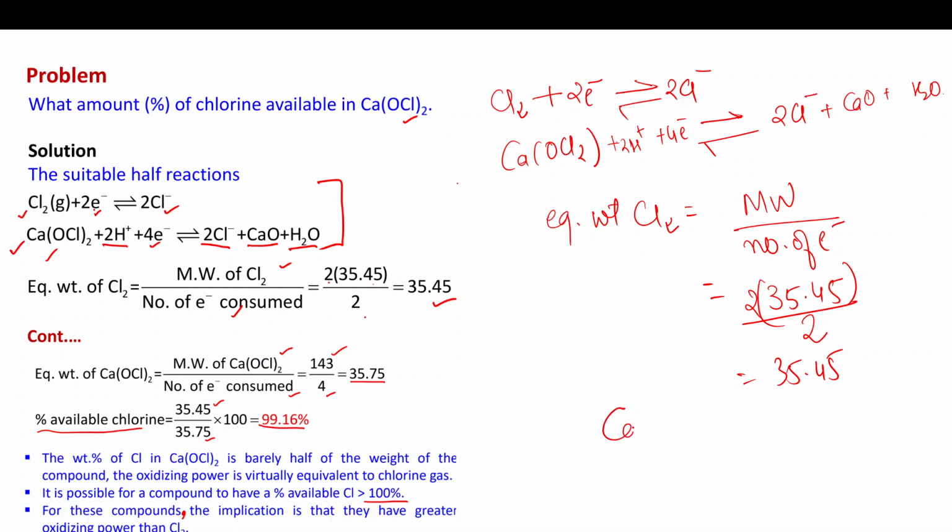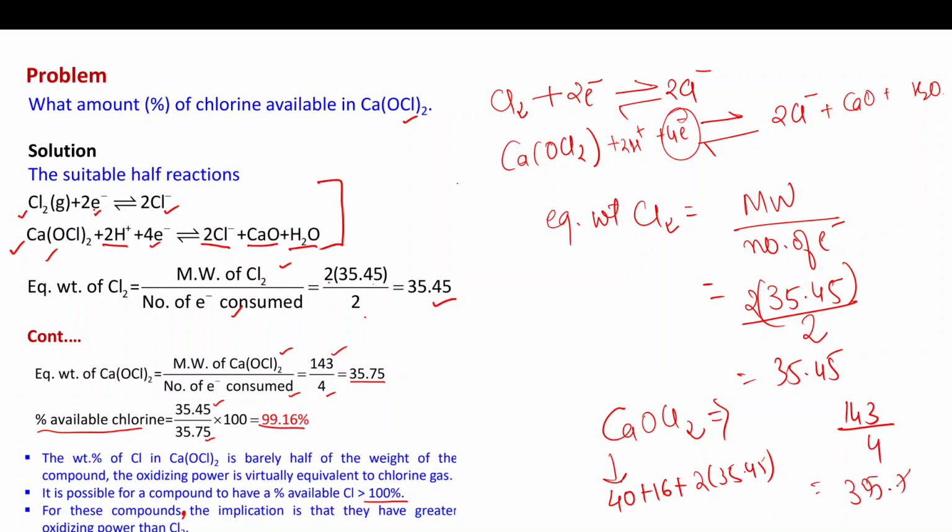And for CaOCl2, molecular weight is Ca has 40, oxygen is 16, 2 into 35.45, which will come out to be 143, divided by number of electrons exchanged, which is 4, which means it is 35.75 as mentioned here.